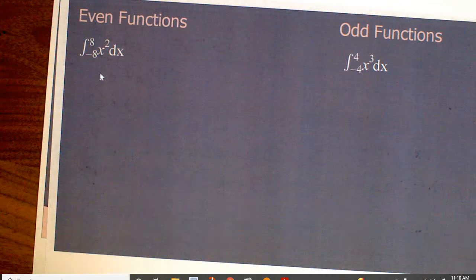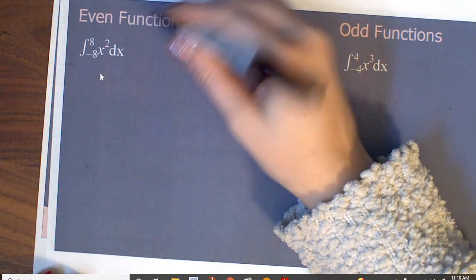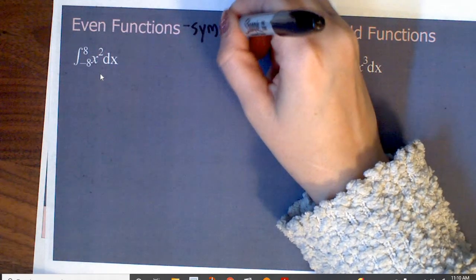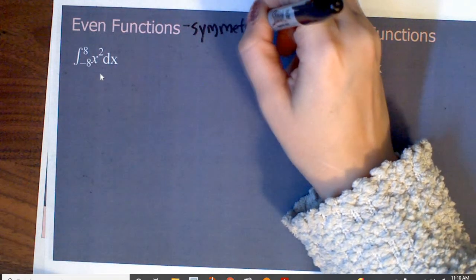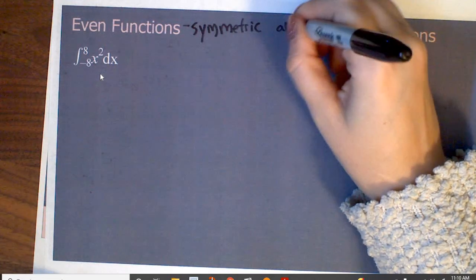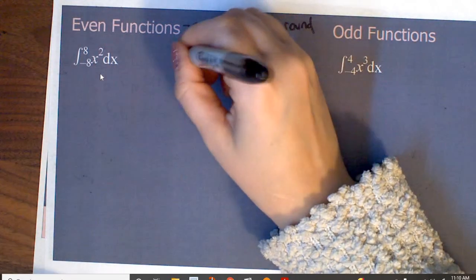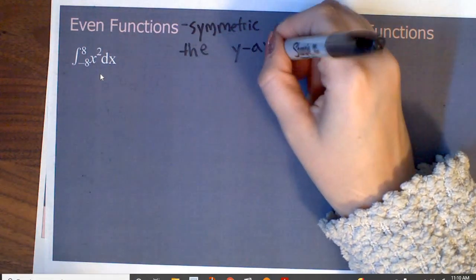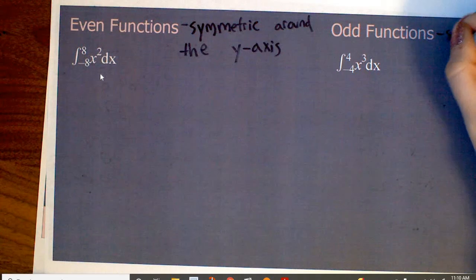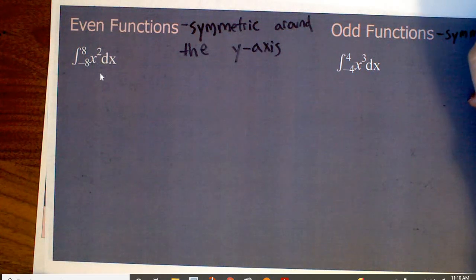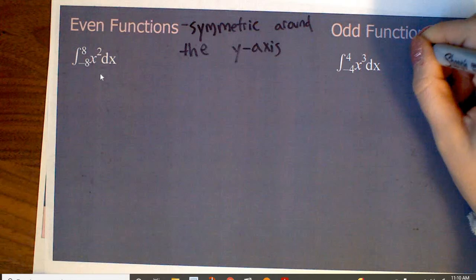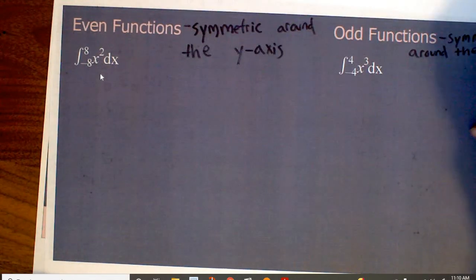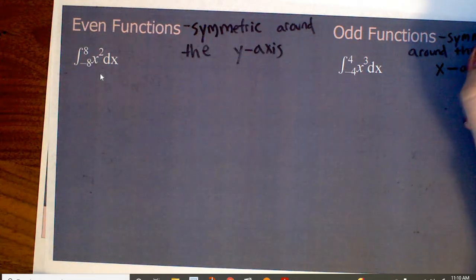And the reason that we're looking at these is because remember that our even functions are going to be symmetric around the y-axis, and our odd functions are going to be symmetric around the x-axis.